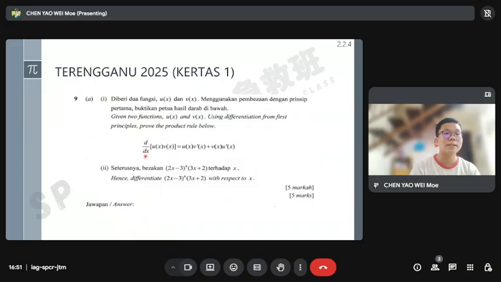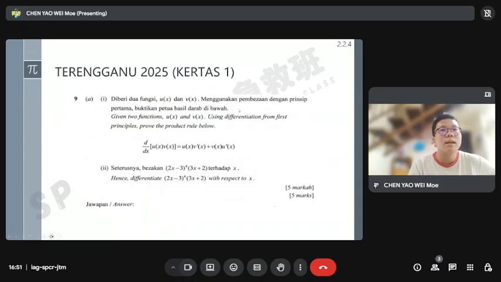Proving questions are very popular for this chapter, and also for small changes, rate of change, finding the turning point, all that. Usually finding a derivative is only 2 marks, but for proving, it's a large number of marks, sometimes 3 marks, 4 marks, but usually 3 marks.